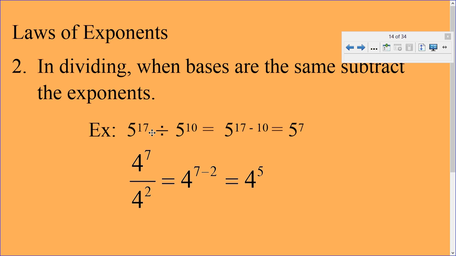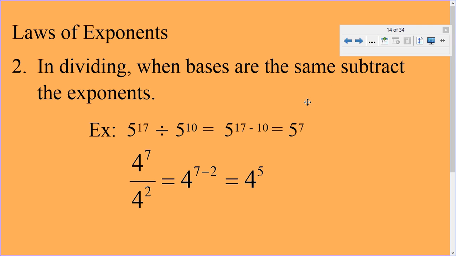Since we're multiplying all these 5's and dividing by a bunch of 5's again, we can just subtract those 5's by subtracting those exponents. 17 minus 10. So we're cutting off 10, or canceling out 10 of the 17 of the exponents, and that'll leave us with 7. So 17 minus 10 gives us 7. So our base would stay the same. We do nothing to the base, but it's the exponents that we're concerned with.